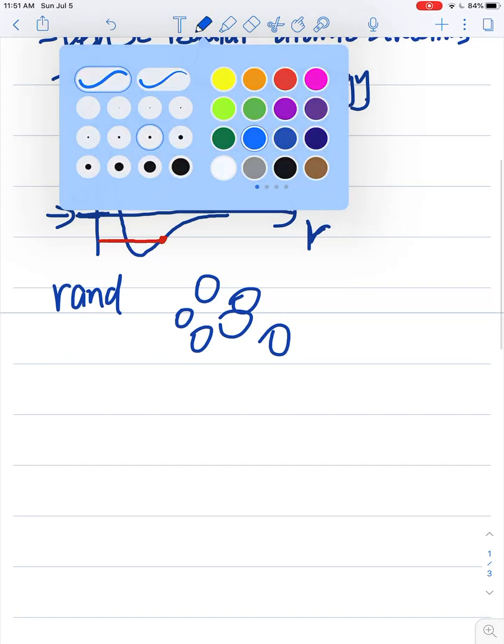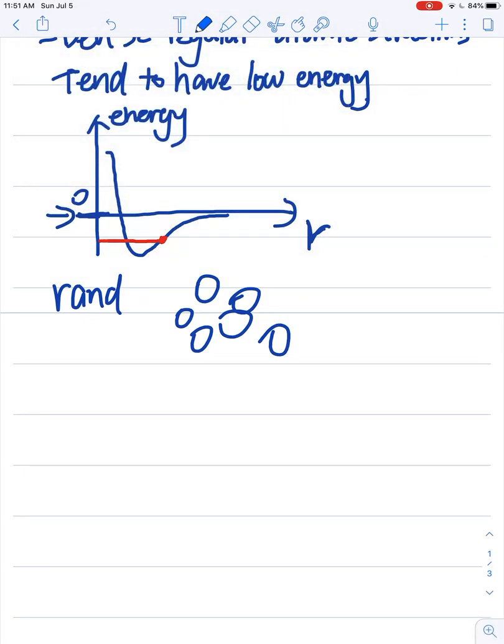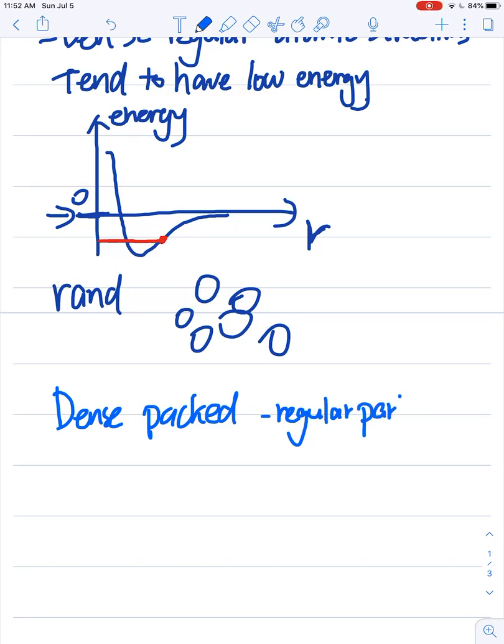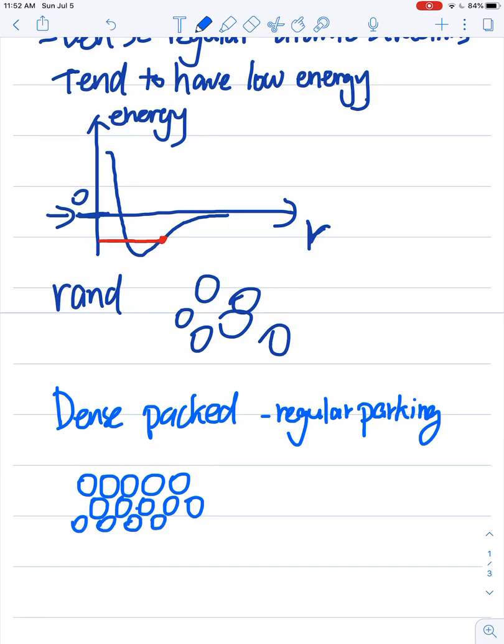And in another case, if we have a dense packed, regular packing, most of the metals are like this. They're dense regular packing. The atomic structure has a certain order, like this. It's not a random structure.